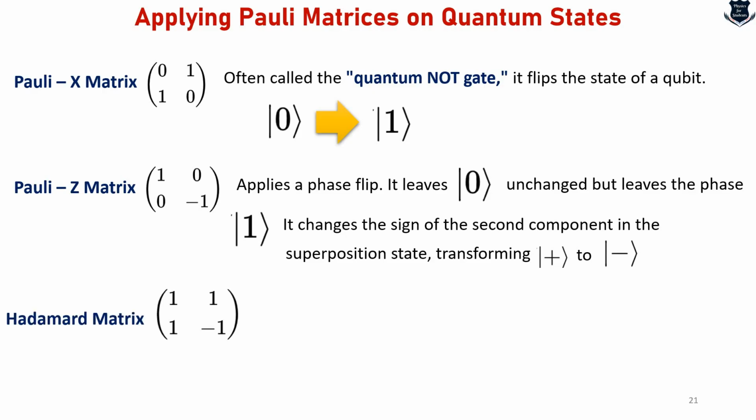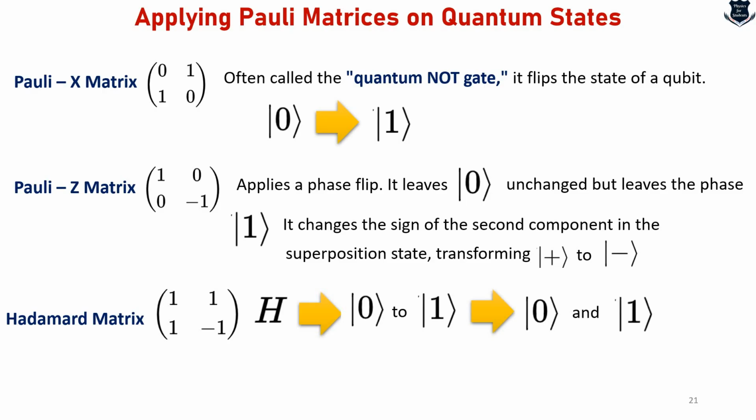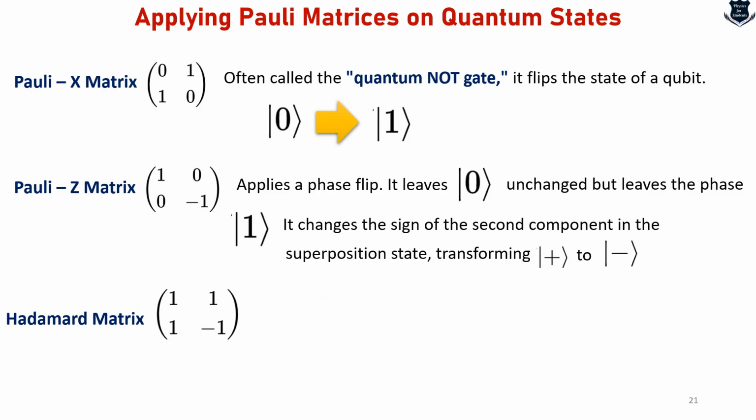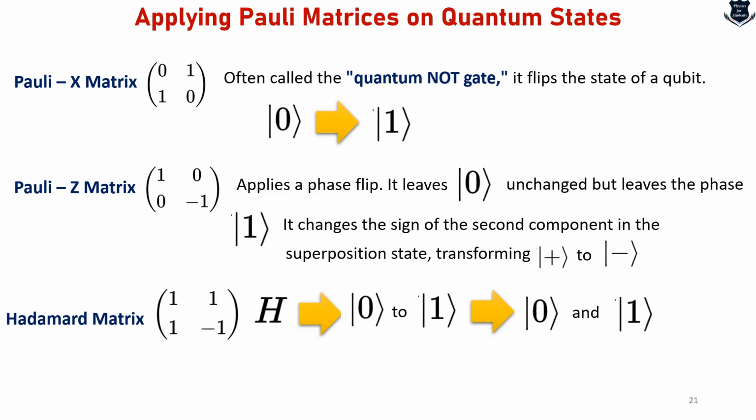What about the Hadamard matrix? It creates superpositions. Let me tell you again, if we apply H to 0 or 1, it creates an equal superposition of 0 and 1.